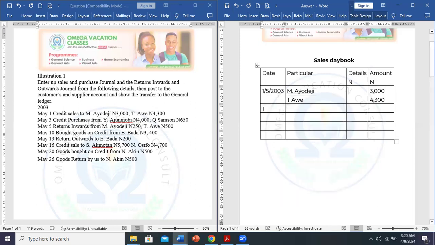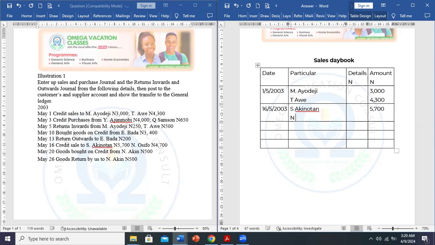So 16th May 2003, we have S. Akinota, 5,700. Then on that same date, we had for N. Osifo, also 4,700. Okay.